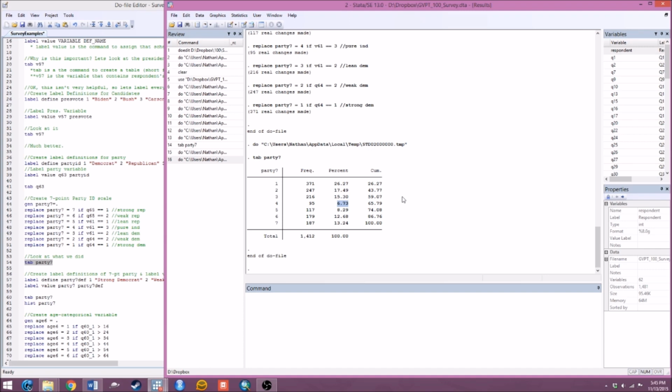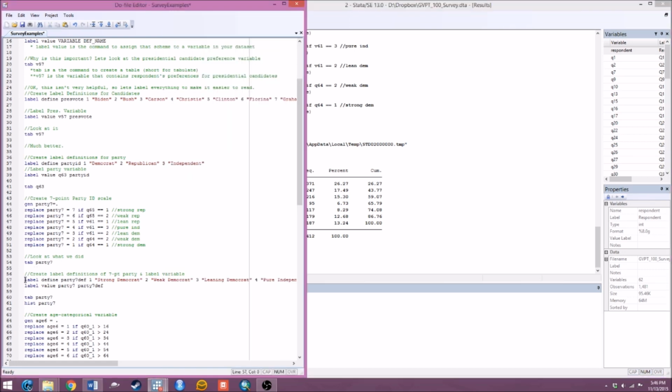We would expect very few, probably the smallest category of people, to assign themselves into this box. But again, we just created it, so we know that this is a strong Democrat and this is strong Republican. But it's really going to be more useful if we created another label, right?